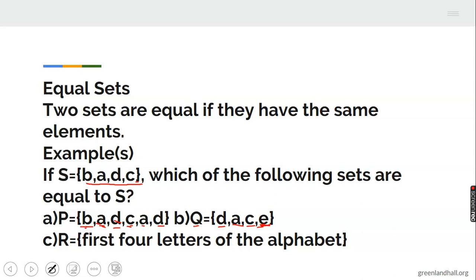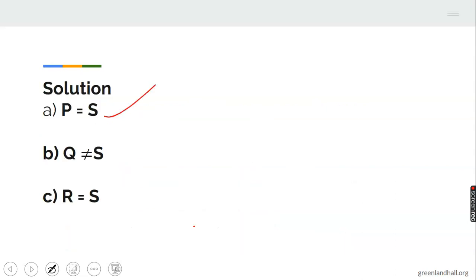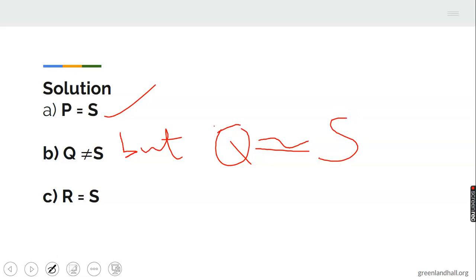So S is not equal to Q. But Q is equivalent to S. That means they have the same number of elements, 4 and 4. They are equivalent, they are not equal.